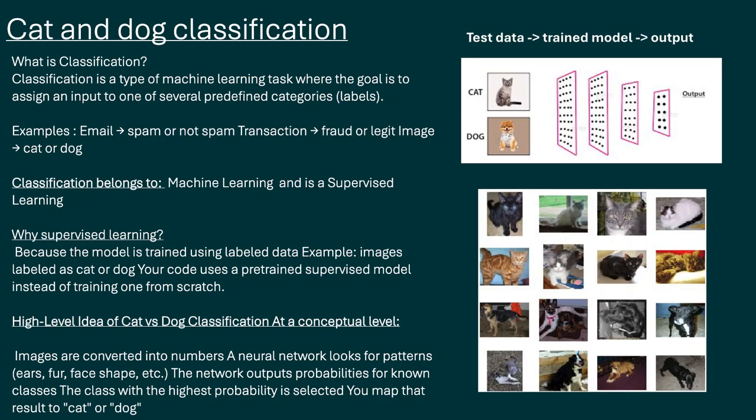And a real-world example, let's say email spam detection. Emails are classified into spam and not spam, right? The system learns from past emails which are already classified as spam or not spam using specific keywords.